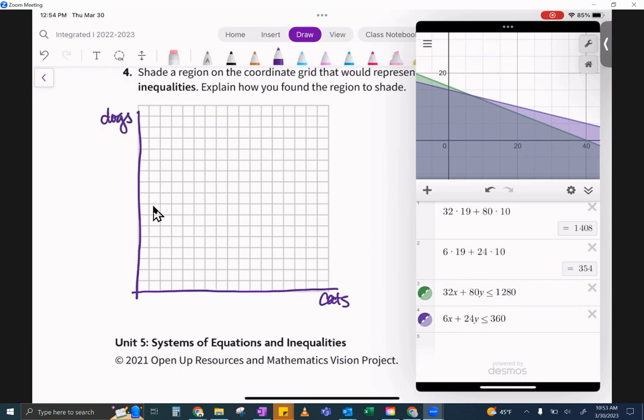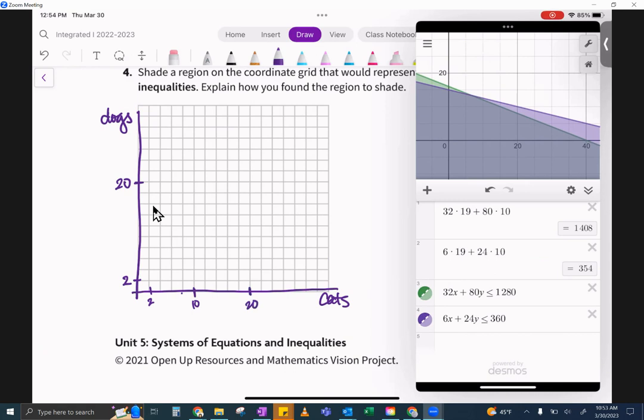And then I'm just going to make 1, 2, 3, 4, 5, 6, 7, 8, 9, 10. So I'm going to make this 20. So each one goes by 2. And then same thing goes with this side. 2, 4, 6, 8, 10. This is going to be 10, 2, 4, 6, 8, 20.